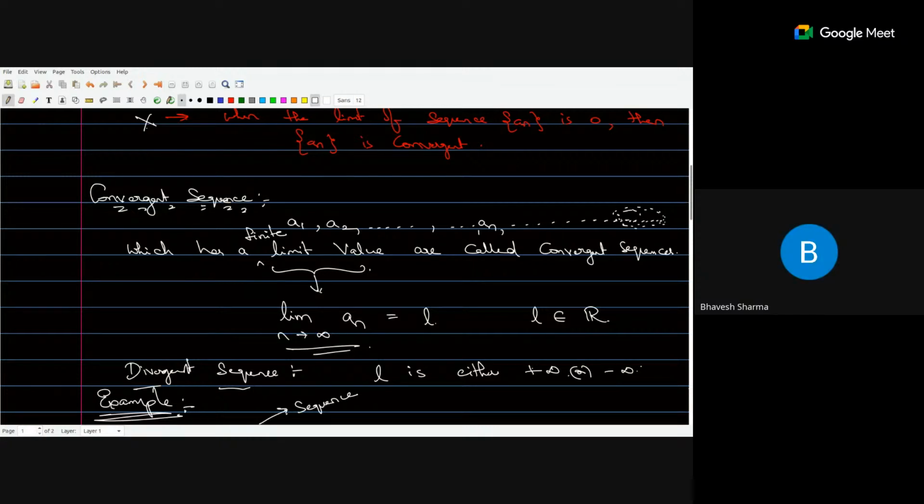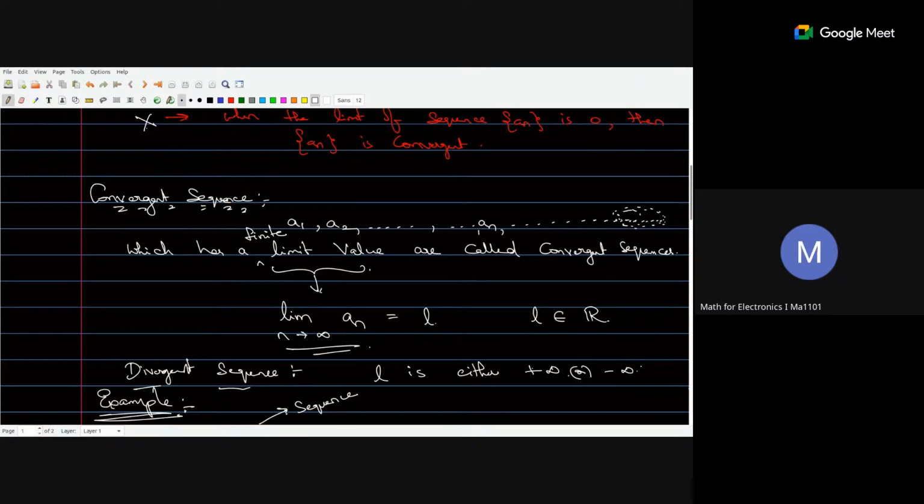Sorry to interrupt, sir. Does it mean divergent sequences are those in which an equals plus infinity and also equals minus infinity, and convergent has only one? No. Convergent sequences means the sequence will have a limit value.